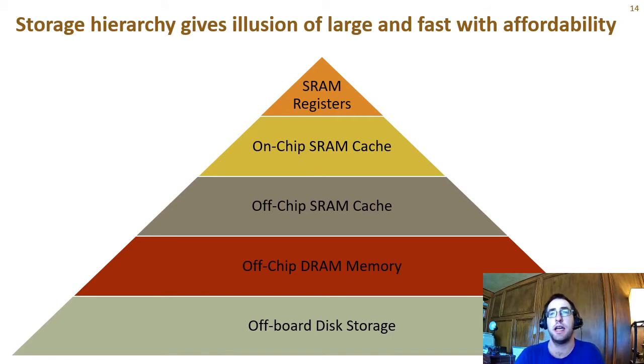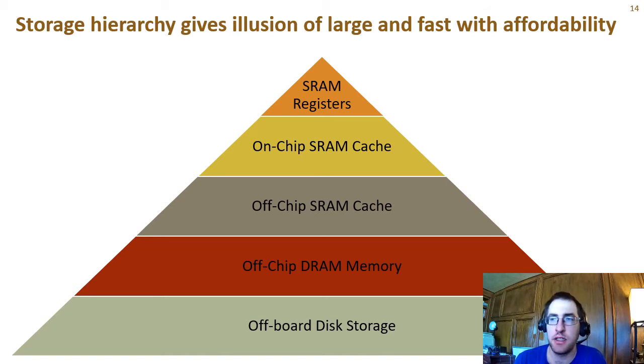So the storage hierarchy gives us an illusion of large and fast storage with affordability. And the way it does that is by using different technology at each level of the hierarchy that best fits that level. At the top level of our hierarchy, closest to us, closest to the processor, we want really fast access, and we don't need a lot of data there.